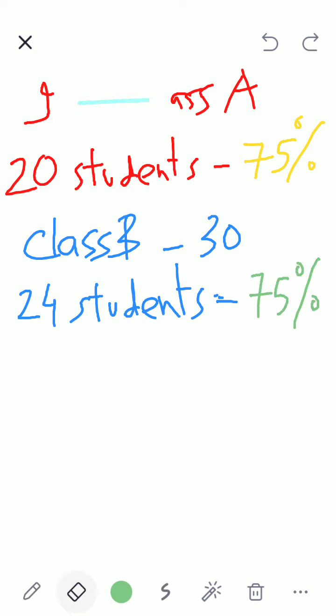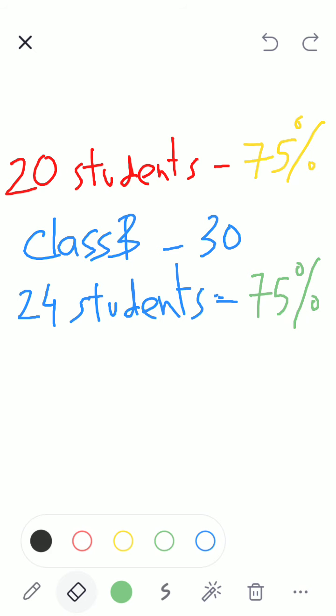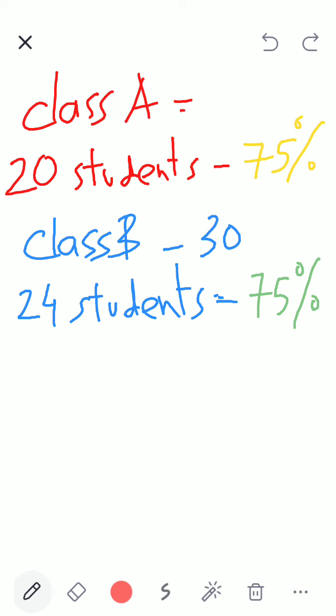Okay. So here I have class A total was how much? Class A total students were 25. Out of that, 20 students got 75%. In class B, there were 30 students. 24 students got 75%.